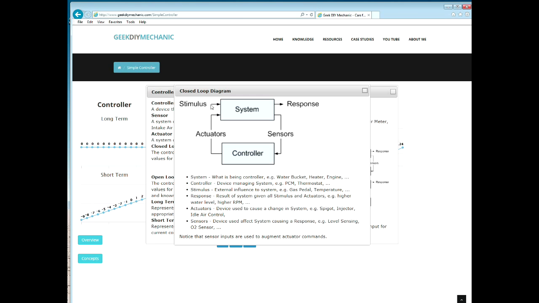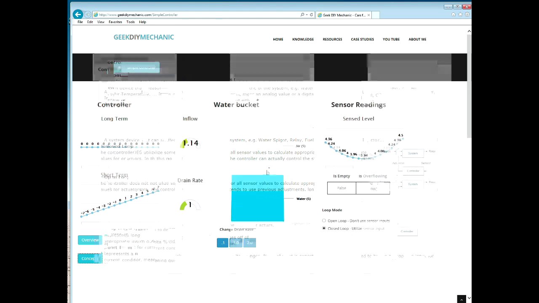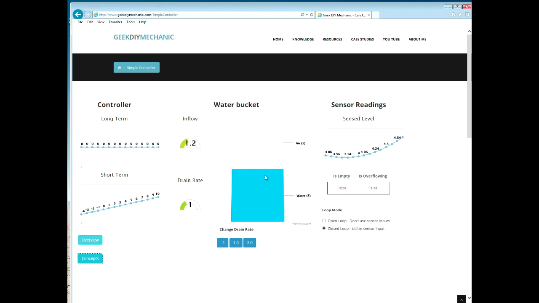The controller senses that via sensors, makes appropriate changes in actuators, and the system responds. In essence, I just gave a very, very high-level overview of computer control systems, the concept. I hope this will help you understand how automobile PCMs, ECUs function.